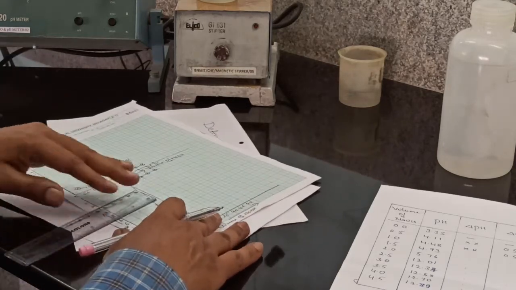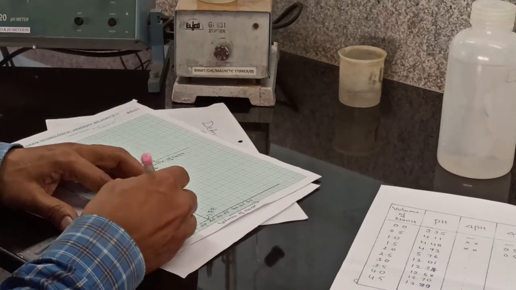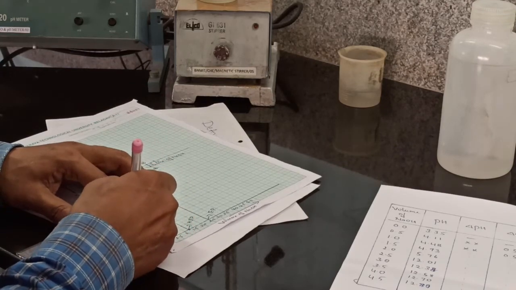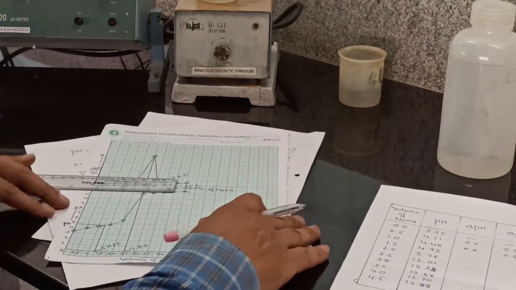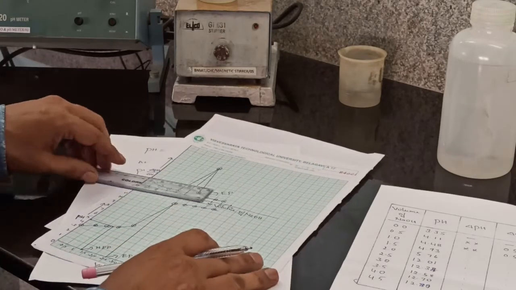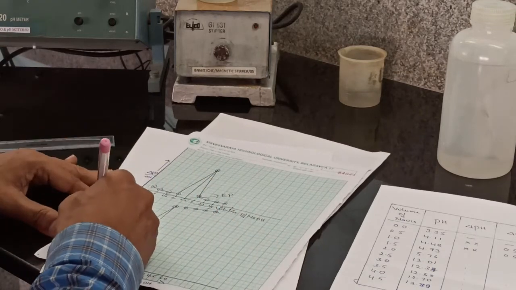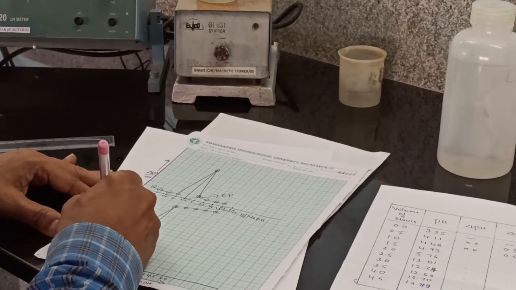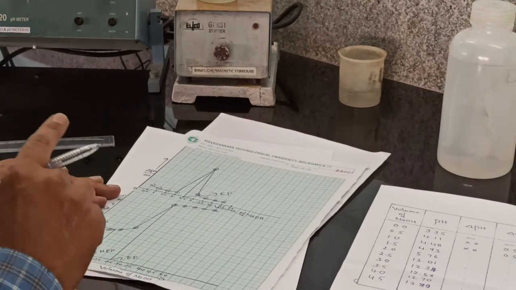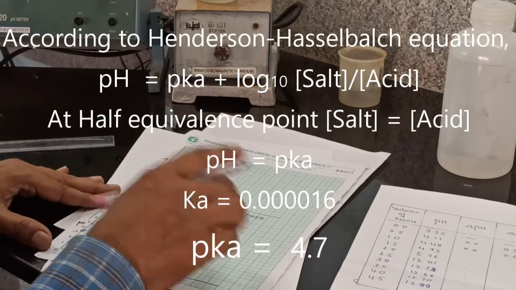Now draw a horizontal line from the point of intersection to the y-axis. This horizontal line intersects the y-axis at this point. The pH at this point is the pK value of the weak acid. Why? At the half equivalence point, the pH is equal to pKa.